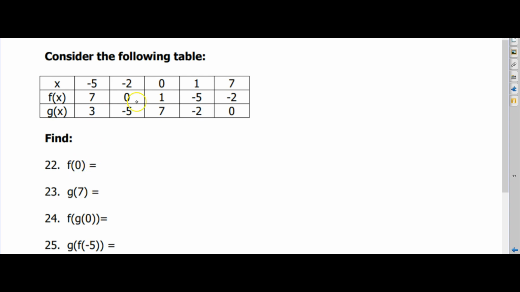So looking at this, what is the f of 0? When I input 0 into the f function, I get 1 as my output. When I put 7 into the g function, I get 0 as my output.